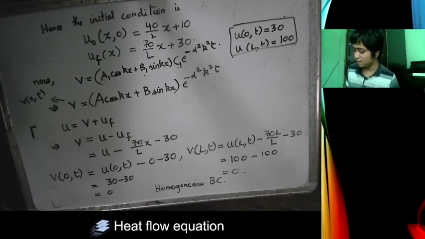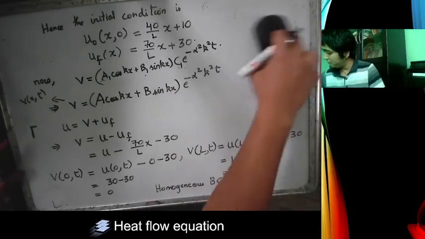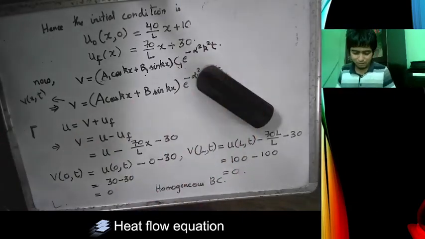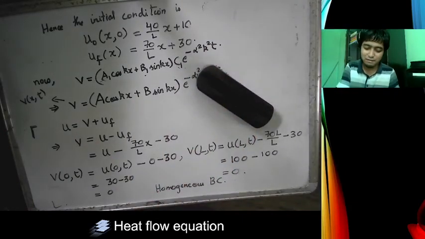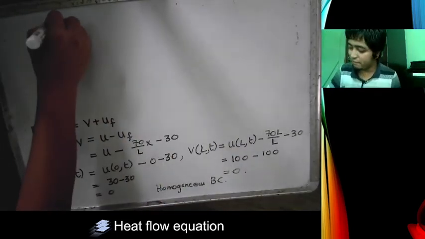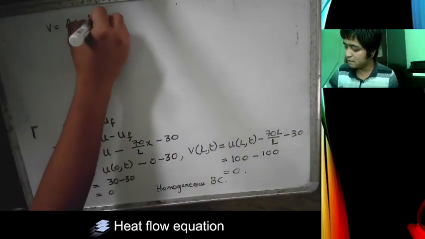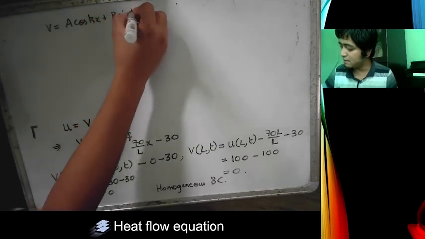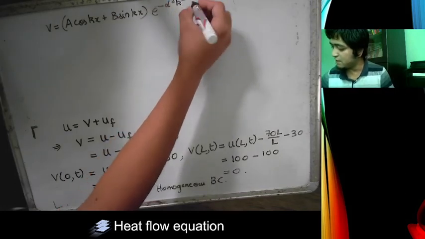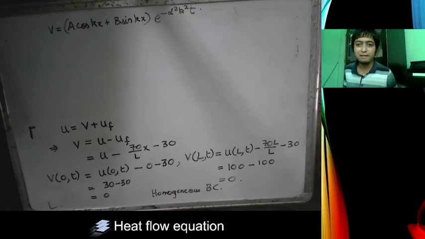Let us first use the first boundary equation. I can erase this one, but let me just note it down somewhere, as I may need them again. So we had that V is equal to A cos kx plus B sin kx, times e to the minus alpha squared k squared t.